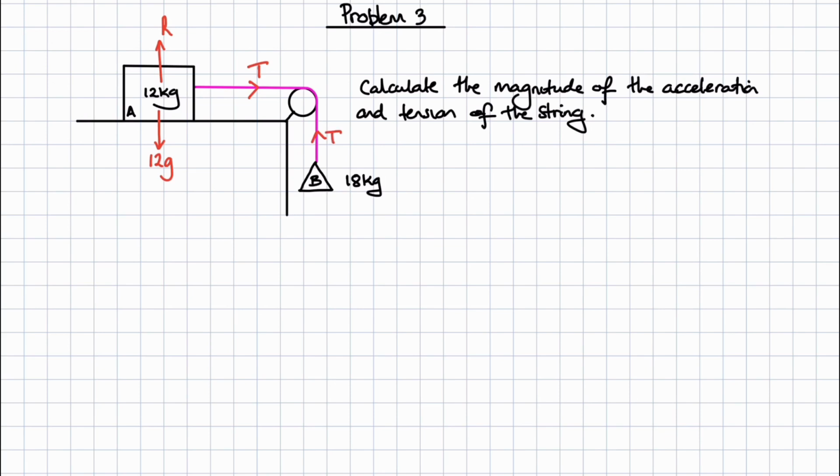And if we now focus on the next particle, the 18 kilogram particle, this object will have a weight acting vertically downwards of magnitude 18g newtons.